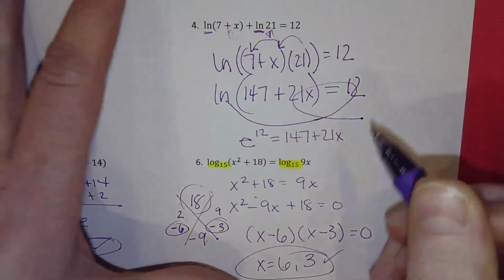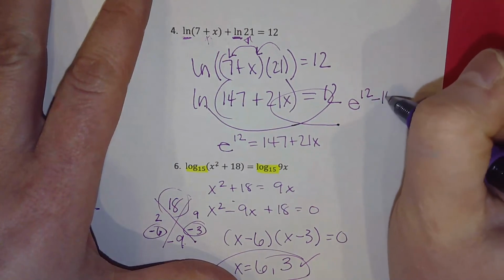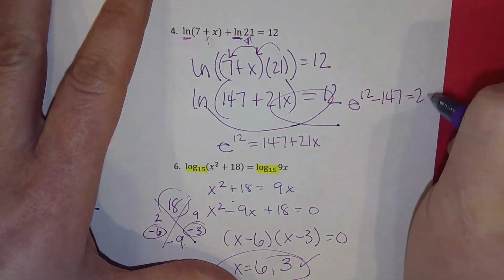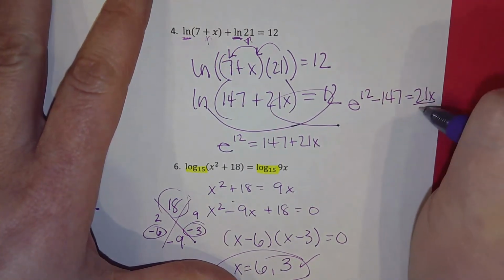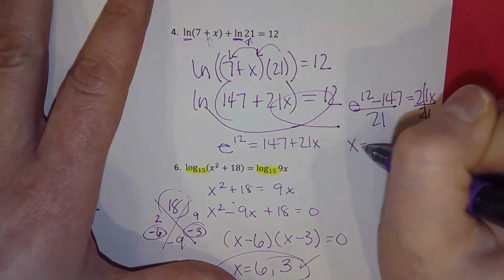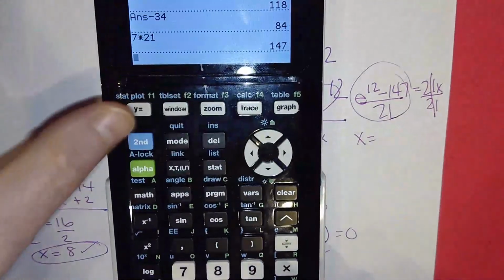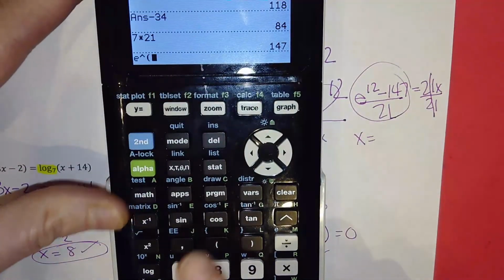What I'm going to do is take e to the 12th minus 147 equals 21x, divide by 21, divide by 21. So x equals this, and I'm going to plug that in my calculator and go second natural log.